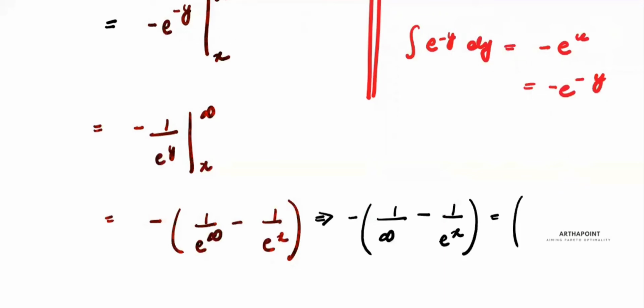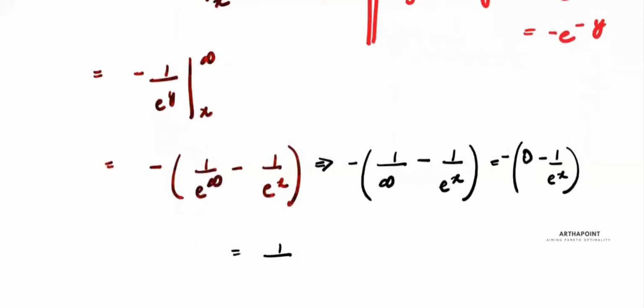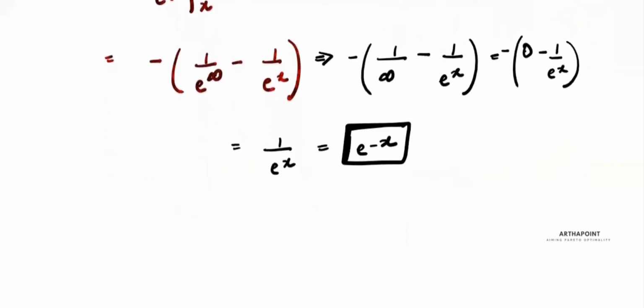Anything divided by infinity is 0, so minus 0 plus 1 by e to the power x. This is simply going to give you 1 upon e to the power x, which is nothing but e to the power minus x. Okay, so this is what we have got, e to the power minus x.